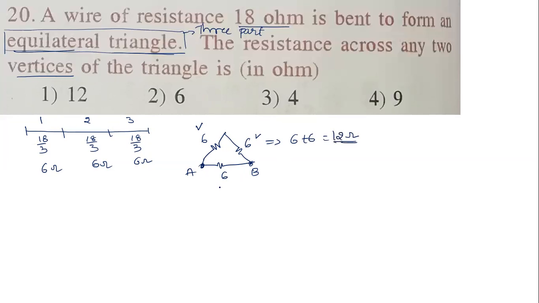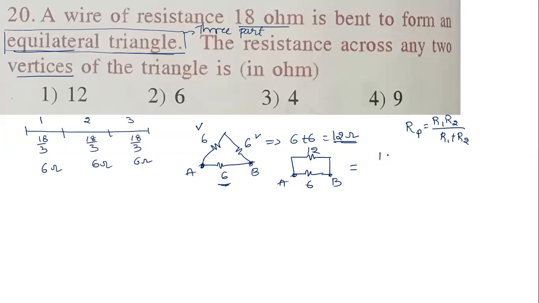And this 12 ohm and this 6 ohm are in parallel combination between point A and point B, the upper branch being 12 and the lower being 6. What is the formula? For two resistors in parallel, RP is given by R1 R2 by R1 plus R2.